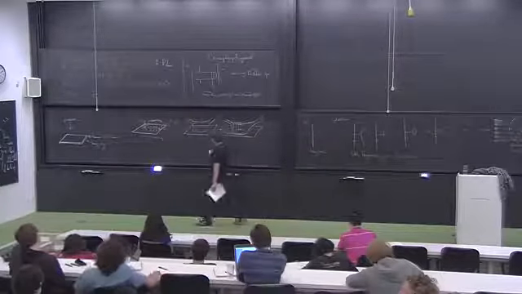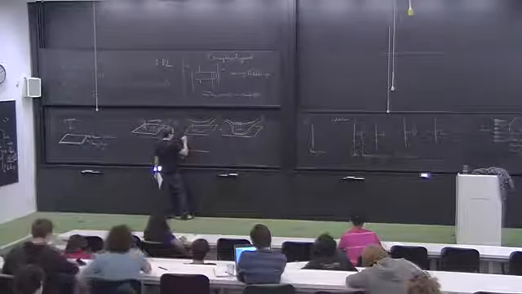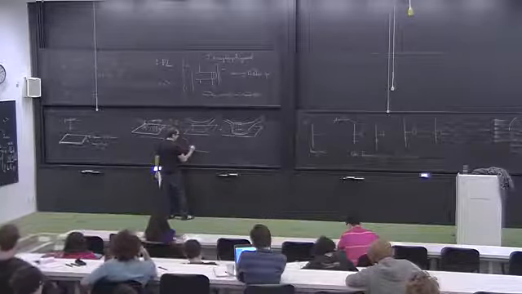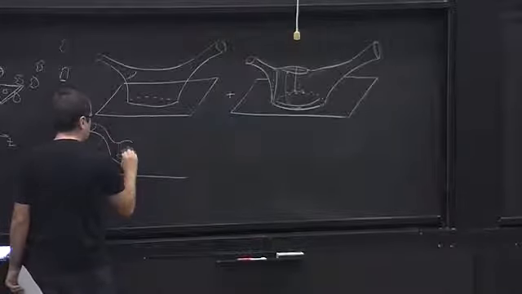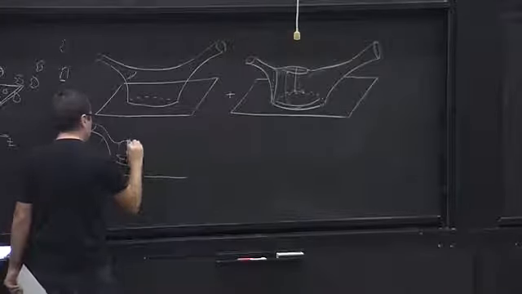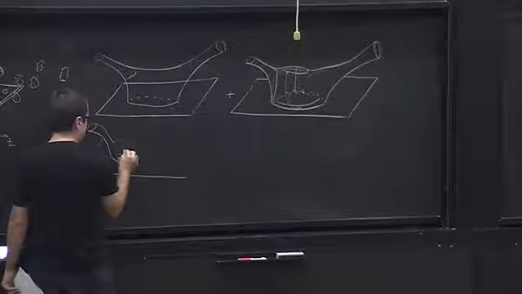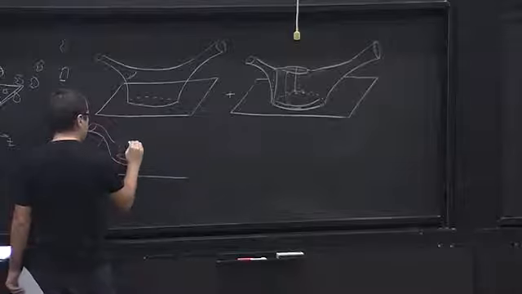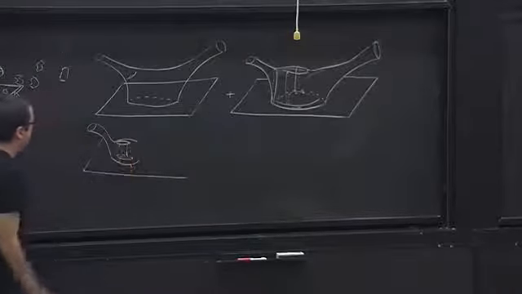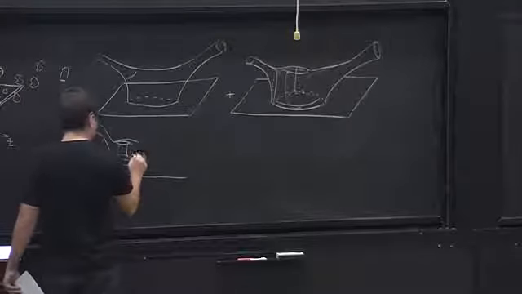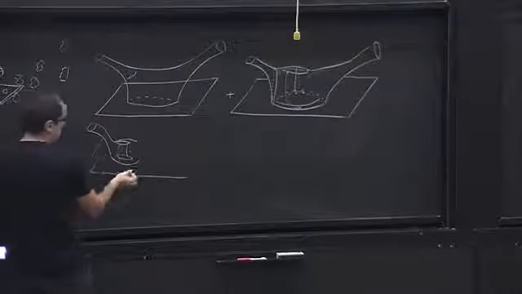Okay? And then we could have more general cases where we have this string coming in, splitting into two. Not sure I can draw this properly. I know I cannot draw this properly. You see what I mean, right?